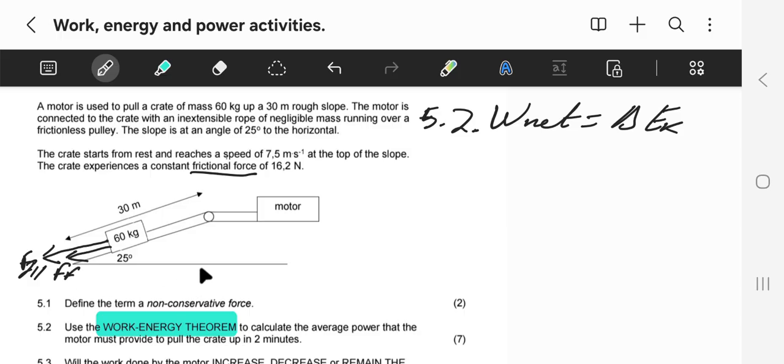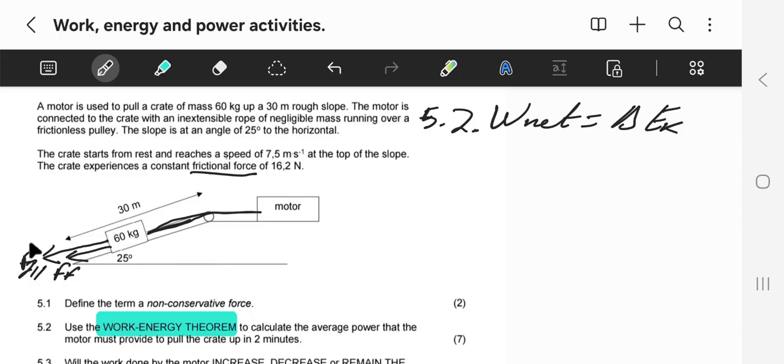And we have the work done by the motor, and the motor is pulling this object through this rope here, right? It's just that we don't know the value of the force that is getting the motor to do the work, right? But we know that the motor is doing work by pulling this object, right?